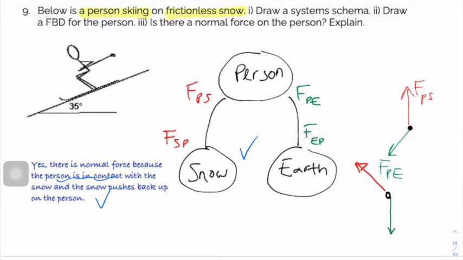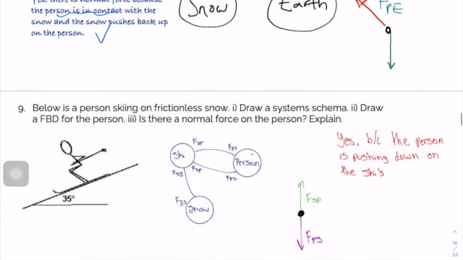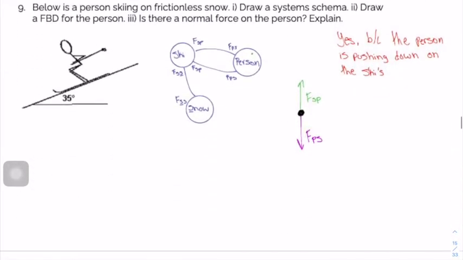And so if they had drawn it like this, that would have been perfect. There should not be two interactions. There's only one, which is the normal force. Okay, only one interaction.